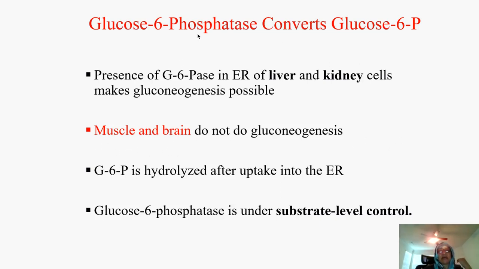Muscles and brain don't have that enzyme and they don't do gluconeogenesis, and glucose 6-phosphate is under substrate level control, meaning that if we have glucose 6-phosphate, then it will be activated based on the other conditions and give us those products at this level and be able to have that free glucose. It will be regulated by the availability of glucose 6-phosphate or the absence of glucose 6-phosphate.